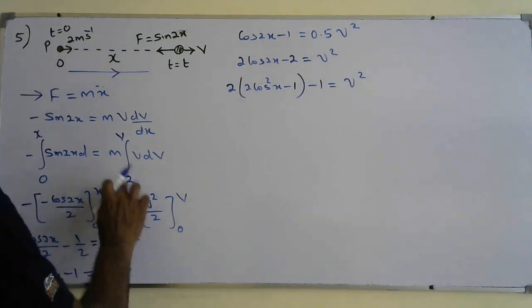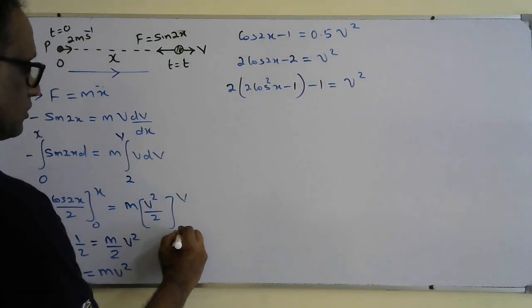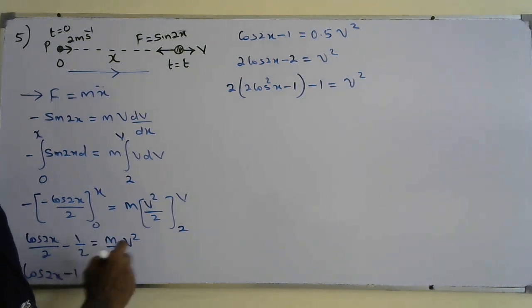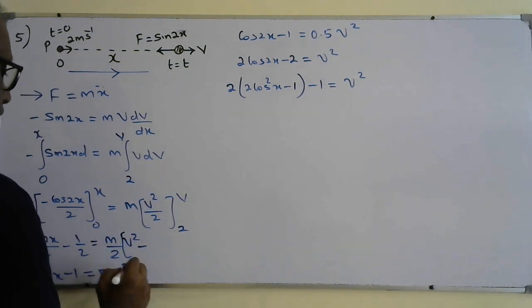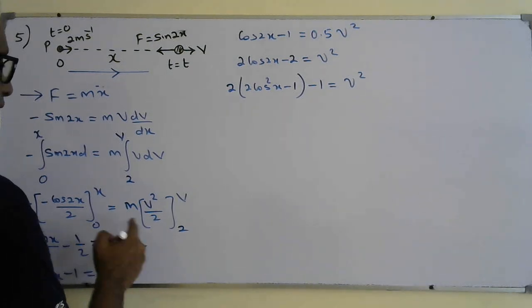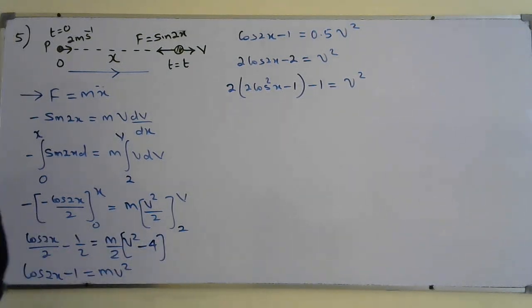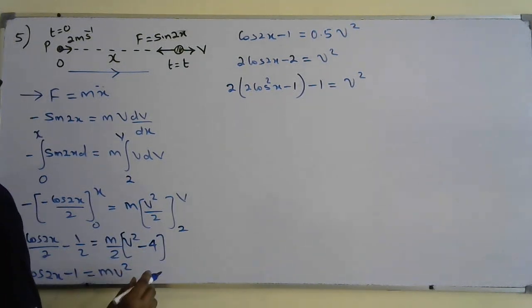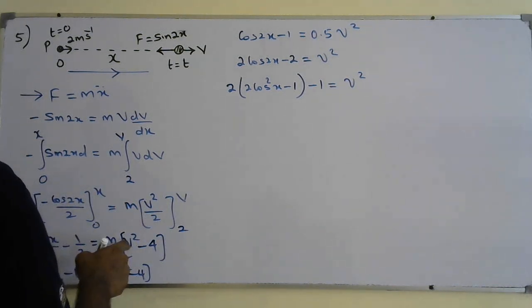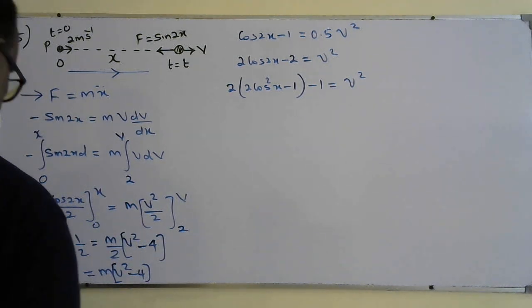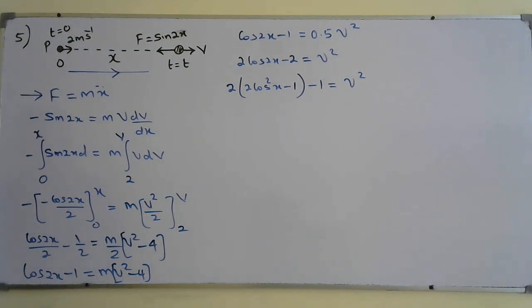After this, the 2 to 4, I put 0 here, sorry, 2 here, 2 to 4. So that will be m by 2 v squared minus 4. Yes, sorry, there's a calculus mistake. So m by 2 v squared minus 4. This is 2, but I put 0 here. Yeah, that's now correct.